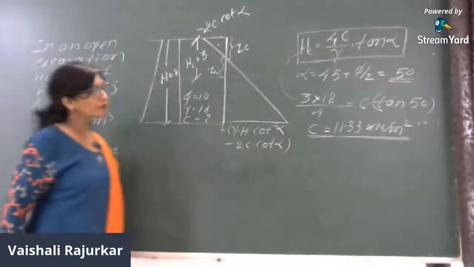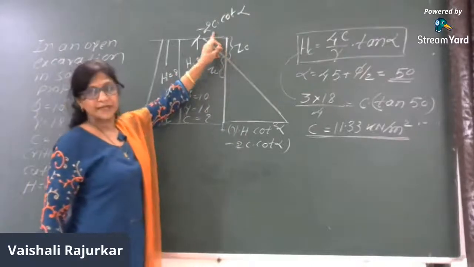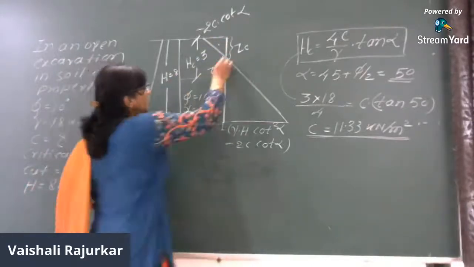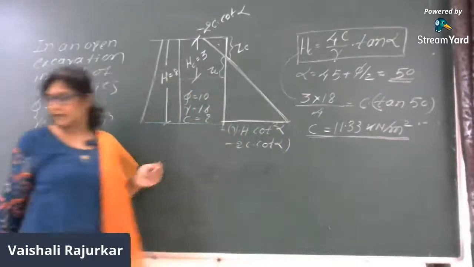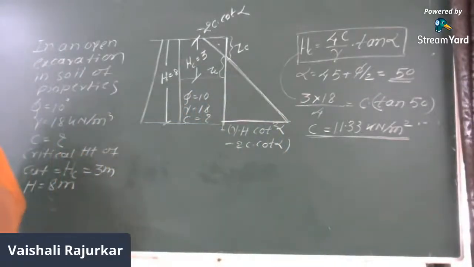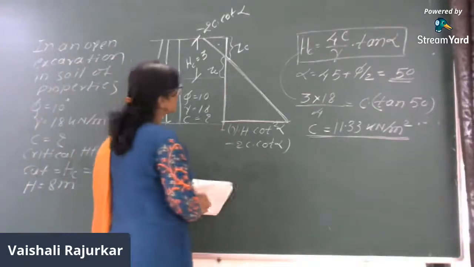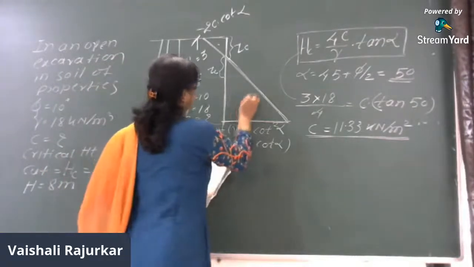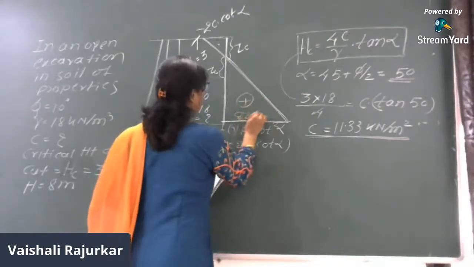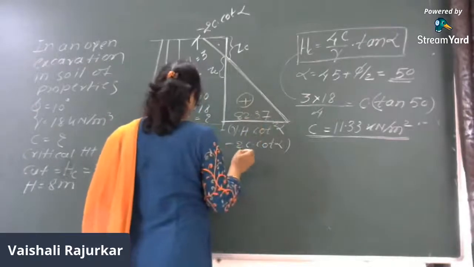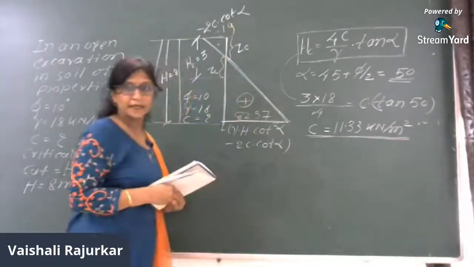Once you get the value of C, you can calculate this value, and you can calculate the area of the diagram. But in this numerical, you have to find out the area of the positive distribution diagram. Here it will be a positive one, and this is found to be 82.37, and it is minus 90. So just calculate the area.